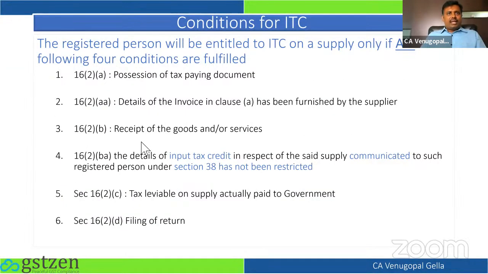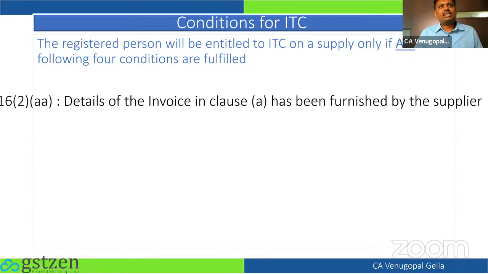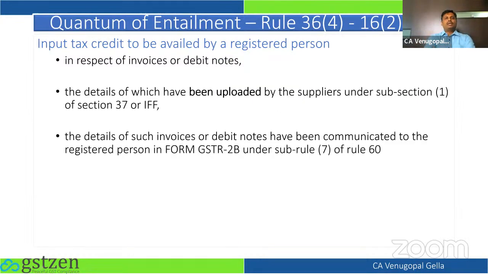All right. The next condition we have is 16(2)(aa), where the invoice details should have been furnished by the supplier. What does this mean?